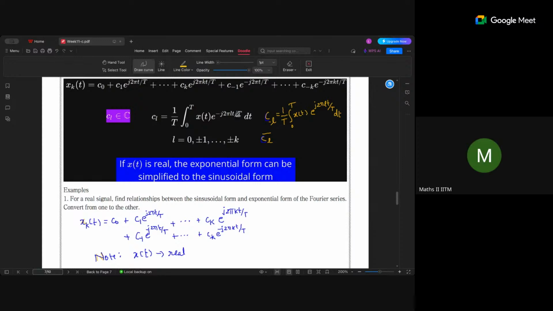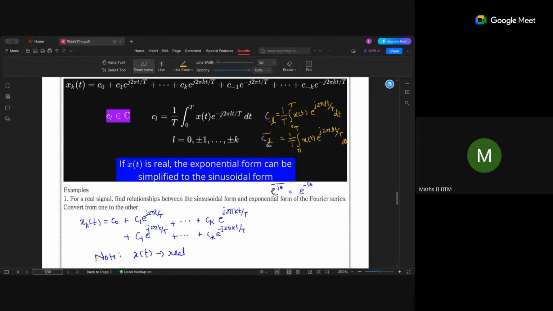When you take the conjugate, what is the conjugate of e power j theta? It is e power minus j theta. So the minus j theta becomes plus, and you have 1 by T integral 0 to T of x of t e power j 2 pi l t by T dt.